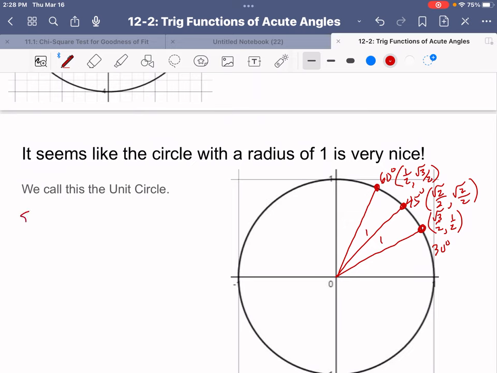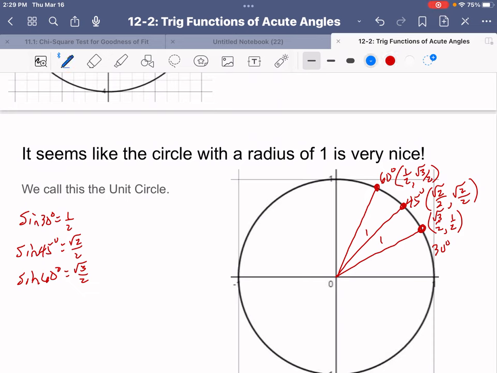Well, have you memorized that the sine of 30 degrees is a half, the sine of 45 degrees is the square root of 2 over 2, and the sine of 60 degrees is the square root of 3 over 2? Well, what do you notice when you look at those ordered pairs?